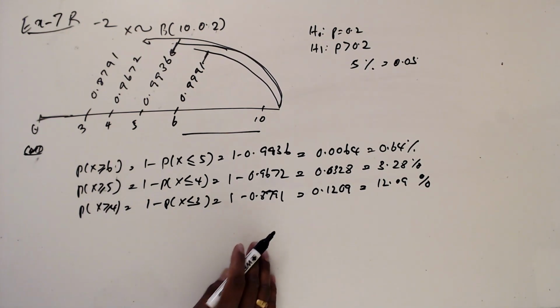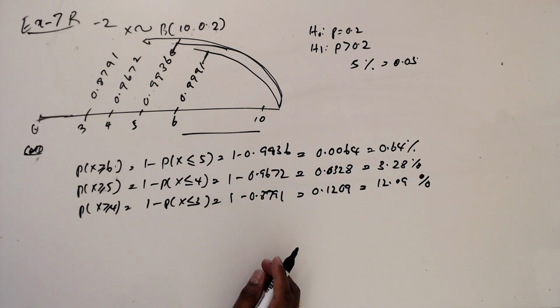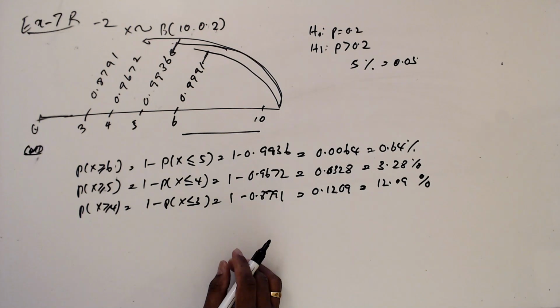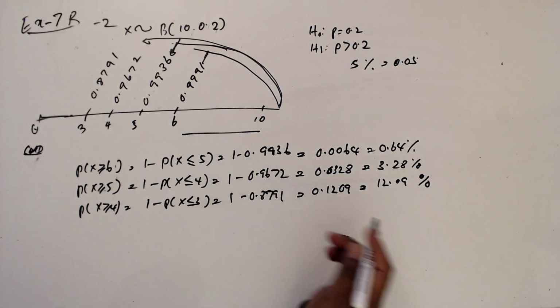So we are in the upper tail only. We try to find the closest one, and however this is the closest one.